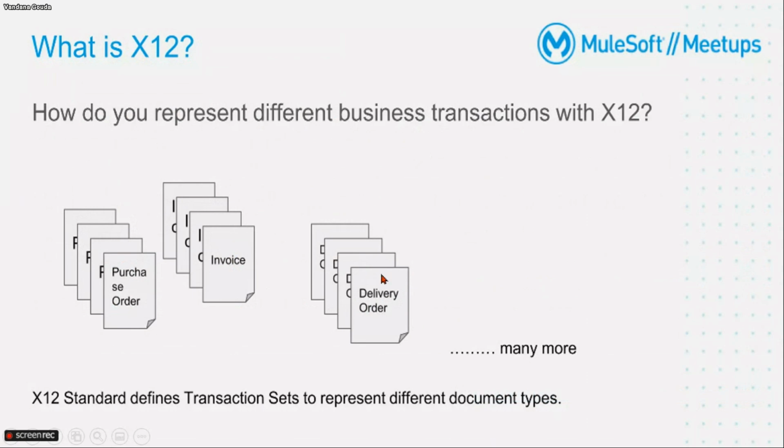Delivery order takes some 370, maybe. I'm not sure about 370. Yes, 370. So there are different transactions for different things. The X12 standard defines transaction sets to represent different document types.